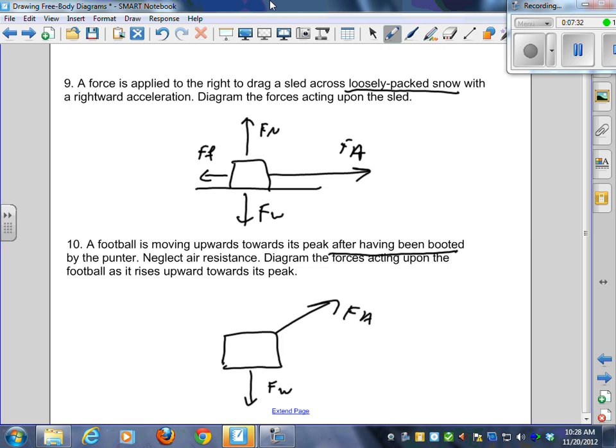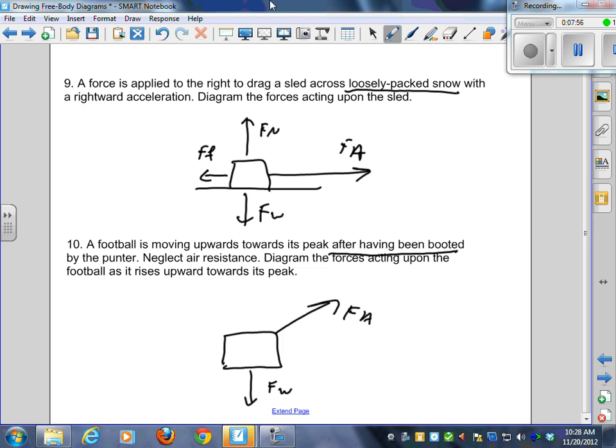When it's over Lloyd's head, am I applying a force to it? Unless I'm a Jedi Master. Not happening, right? When it's hanging in the air, I have no way of applying a force to it. The only force acting on it is gravity.